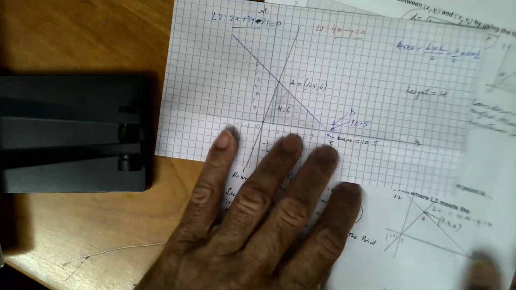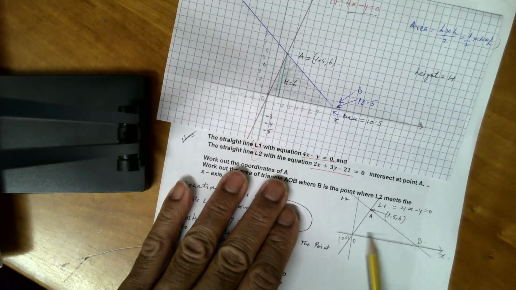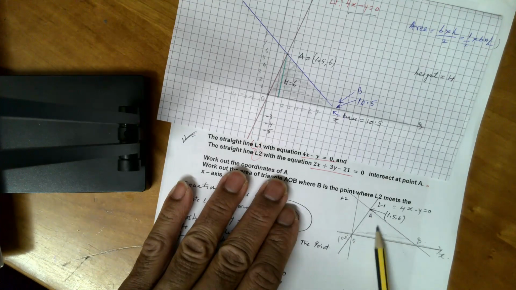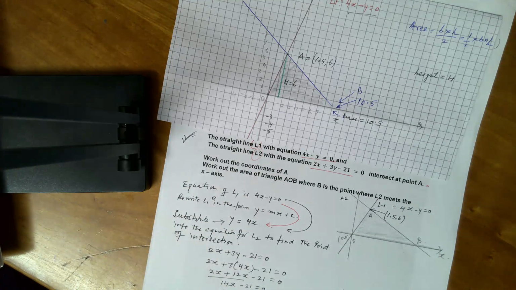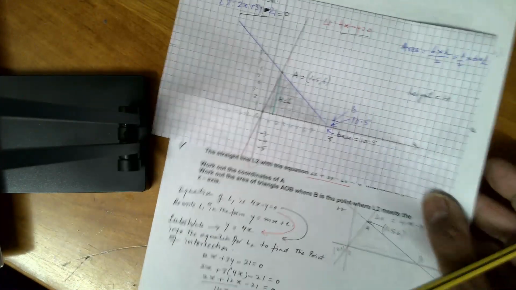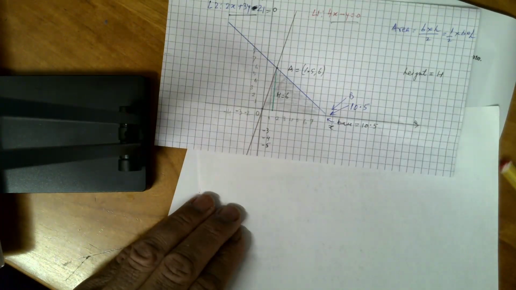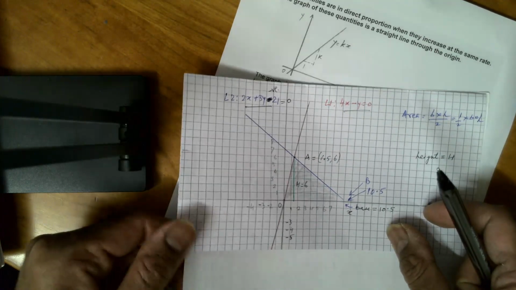If you want, I can do it here as well. So this area. Okay, so how do we do that? Let me leave this one here. We know the points, and we'll do the rest of the bit on the back of this page.